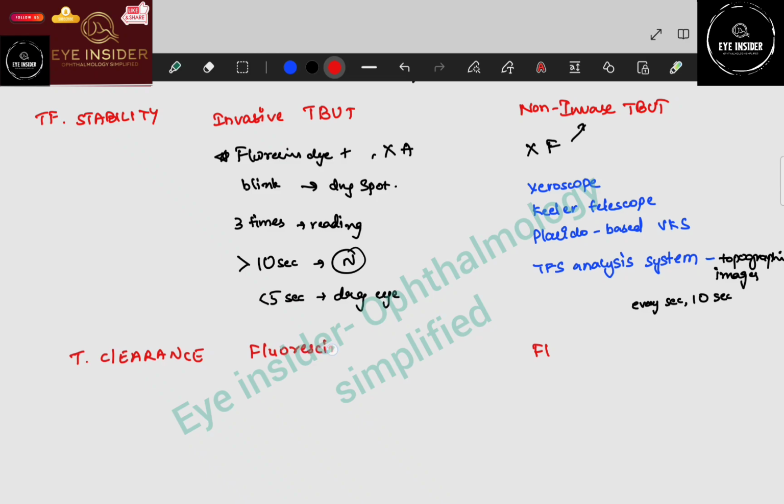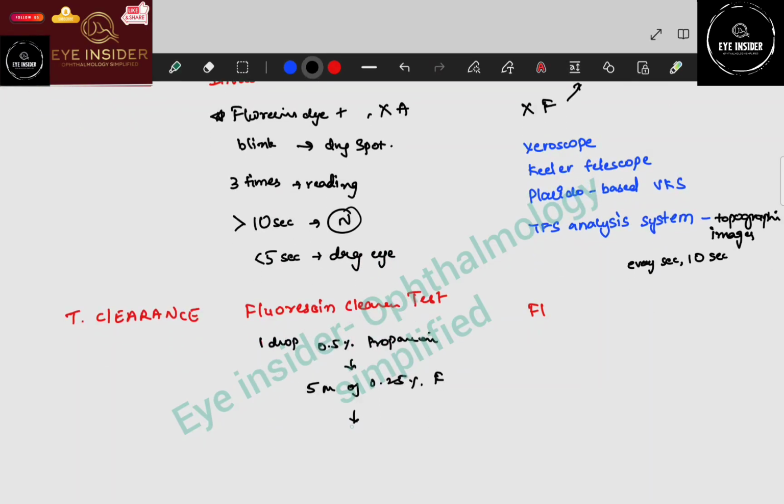Then coming to tear clearance. It is measured traditionally with the fluorescein clearance test. In this test we put 1 drop of 0.5% proparacaine, which is the anesthetic used. After the anesthetic we apply fluorescein dye or the fluorescein strip.